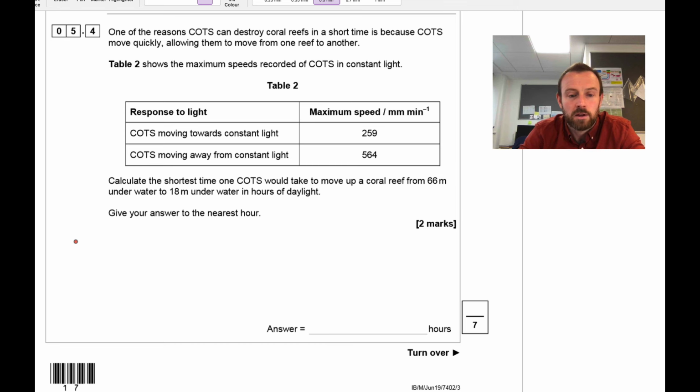Okay. Calculate the shortest time one COTS would take to move up a coral reef from 66 meters underwater to 18 meters underwater in hours of daylight. Why is that relevant?